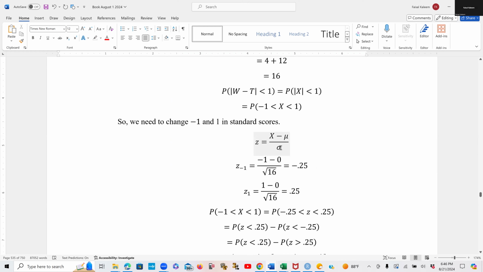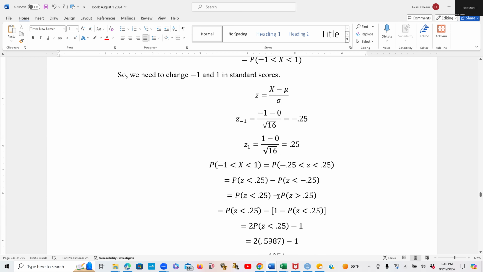So if variance is 16, then standard deviation will be square root of 16. So that's -0.25. Similarly, the z-score of 1 will be 1 minus the mean over the standard deviation, which will be 0.25. So probability X between -1 and 1 equals probability Z between -0.25 and 0.25.